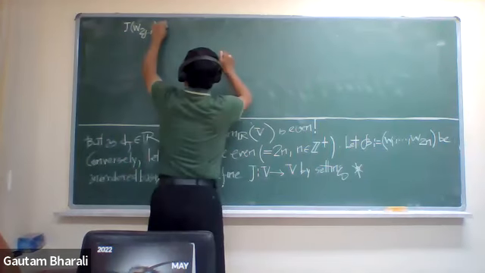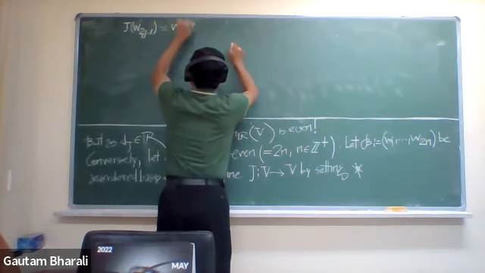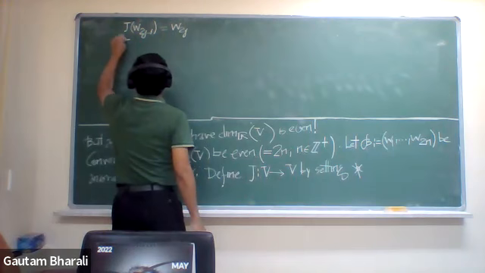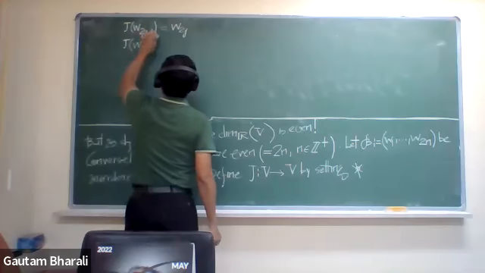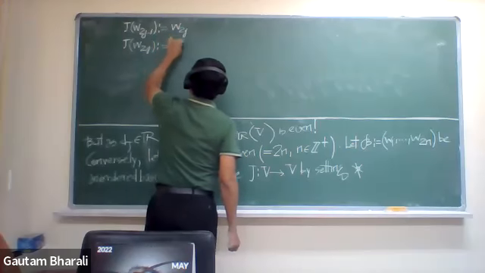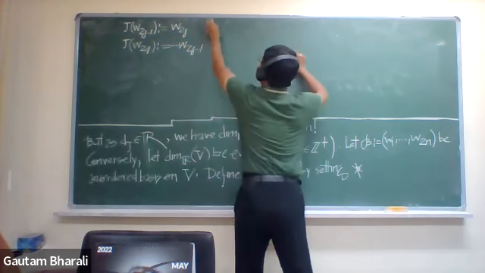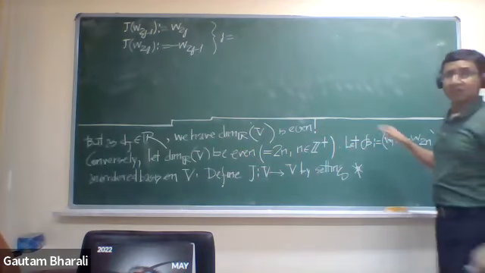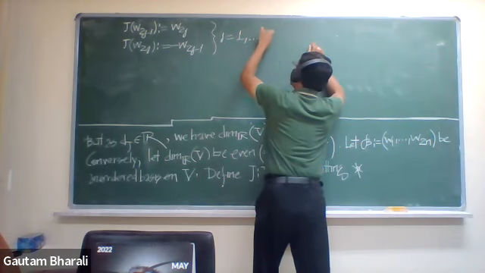I'm going to map it to W sub 2j. And J of W sub 2j, I'm setting equal by definition to minus W sub 2j minus 1. To address every basis element, j just needs to go from 1 to n.